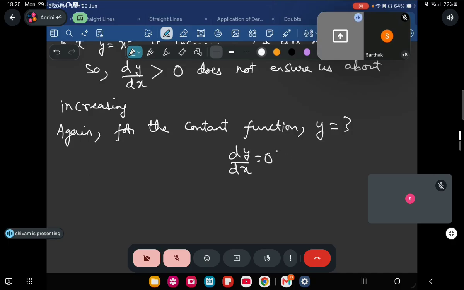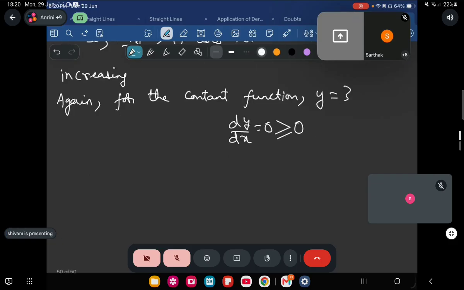But tell me, everyone, is the function increasing? No, right? So it does not ensure us whether a function is increasing or decreasing. So, sir, how can we say about increasing or decreasing? Yes, with the help of a graph, you have to understand whether a function is increasing or decreasing.